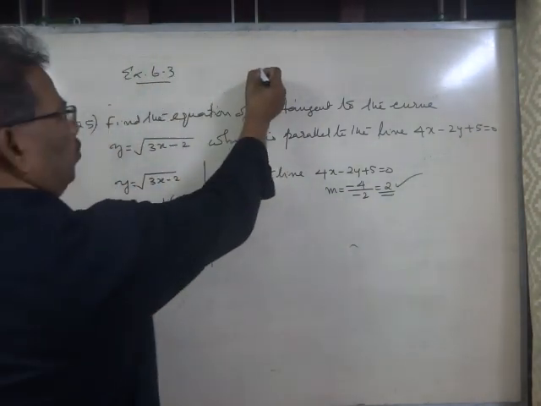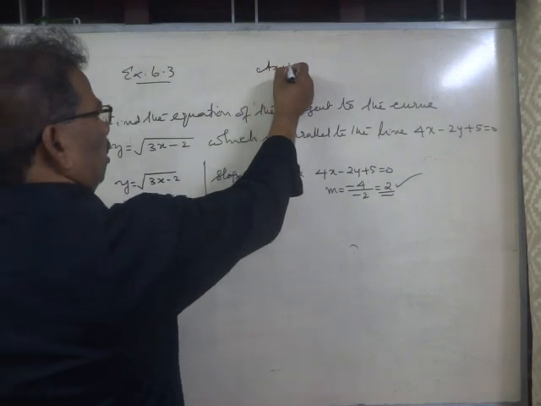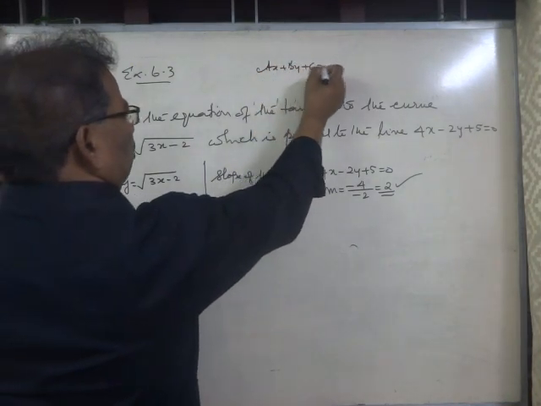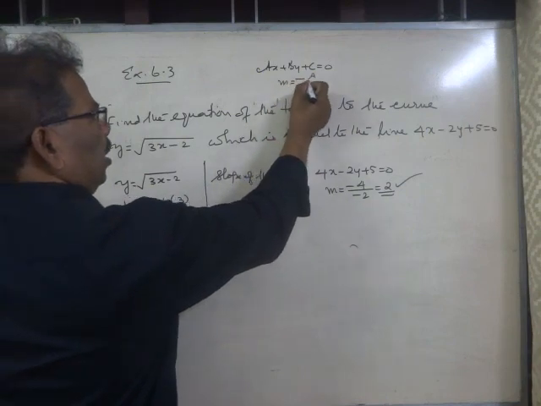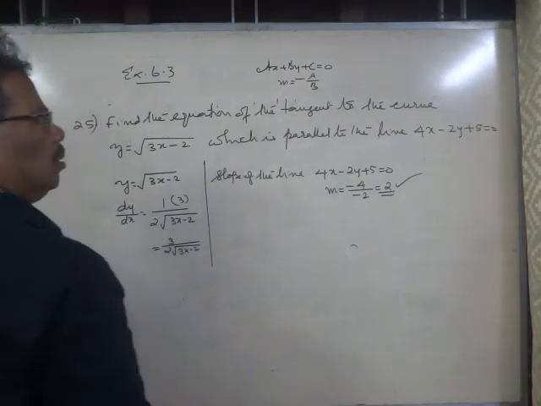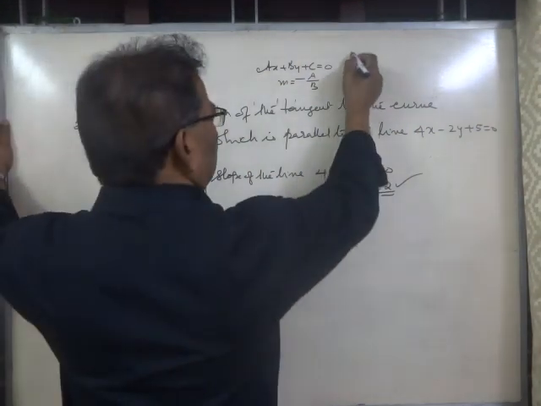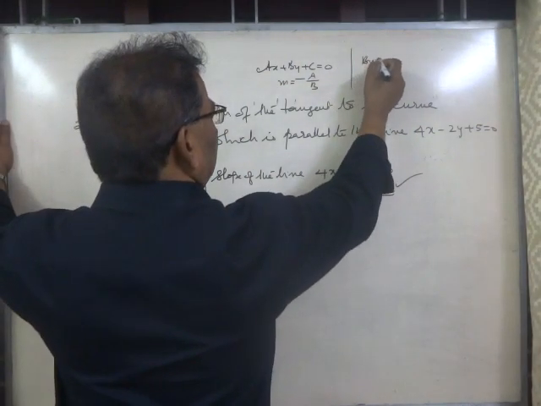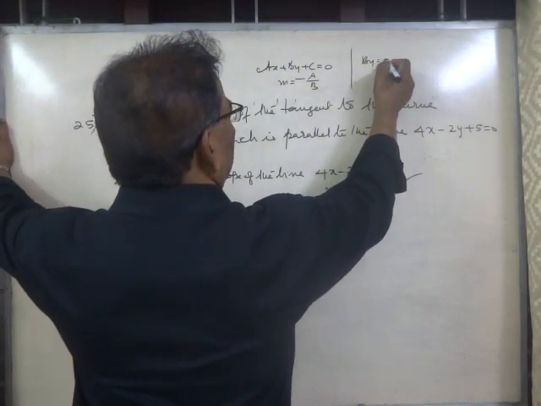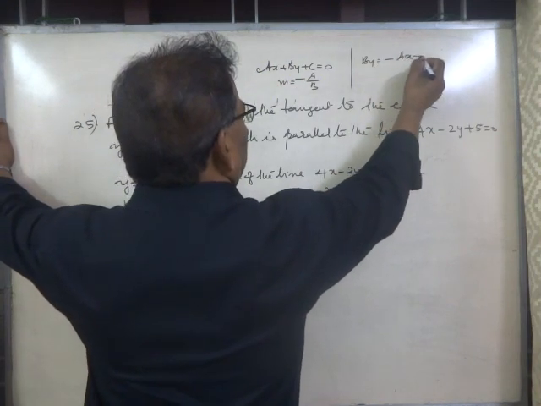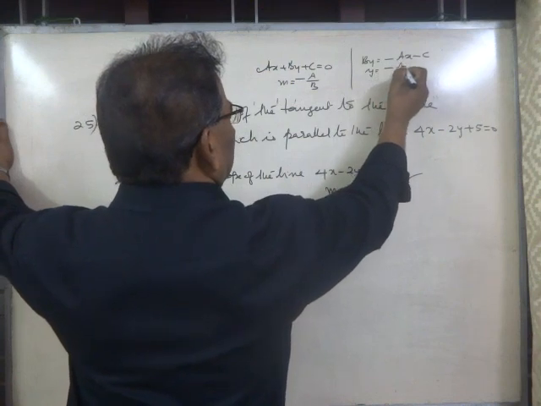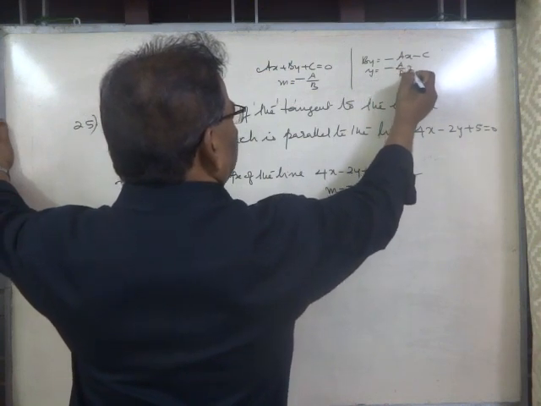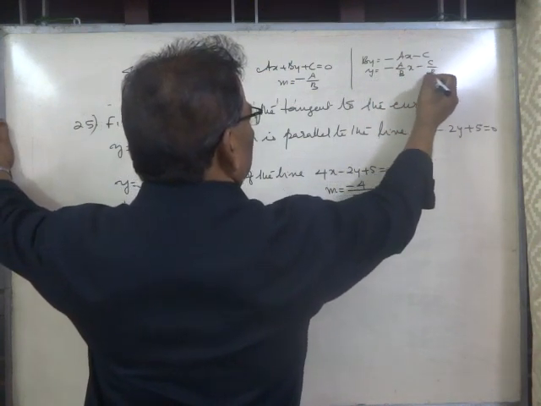To find the slope of a line ax plus by plus c equals 0, slope m is equal to minus a by b. Because by is equal to minus ax minus c, or y is equal to minus a by b x minus c by b.